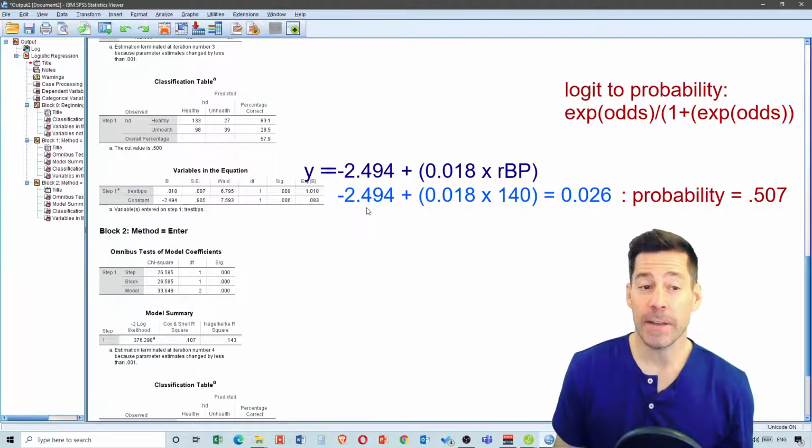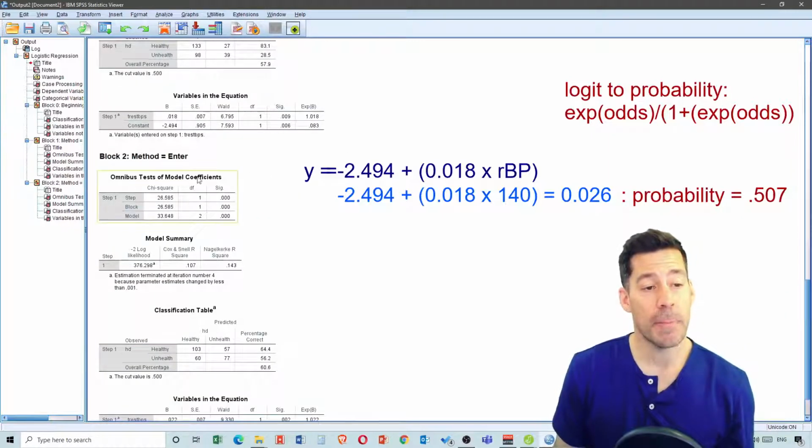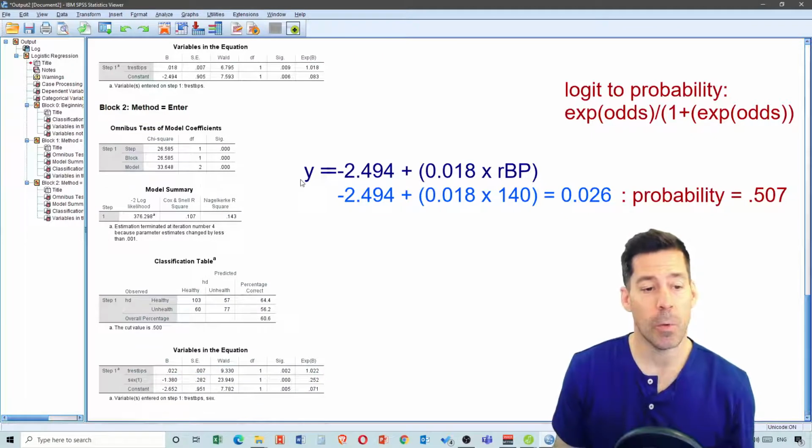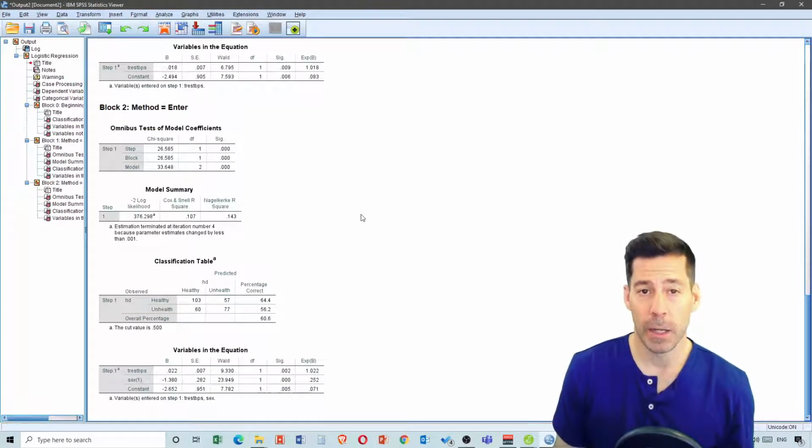Okay, now if we look down to block method 2, or block 2, we see that we had two predictors, and these include resting blood pressure and sex. So what we do is we say, we have our constant, then we have our resting blood pressure.